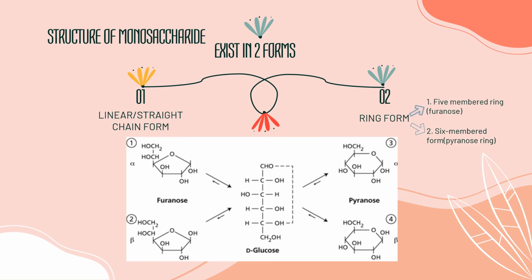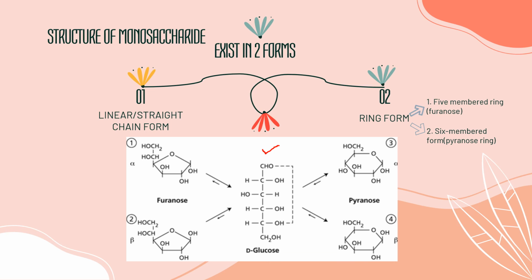So we can see here, the diagram in the middle represents the linear or straight chain form, while the ones on the right and left of the picture represent the 5-membered ring, furanose, and the 6-membered ring, pyranose.